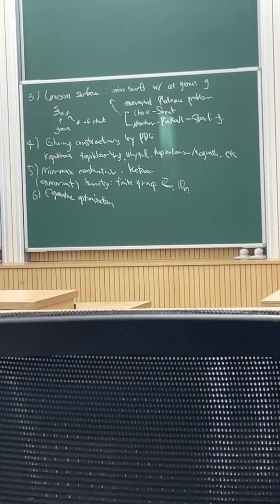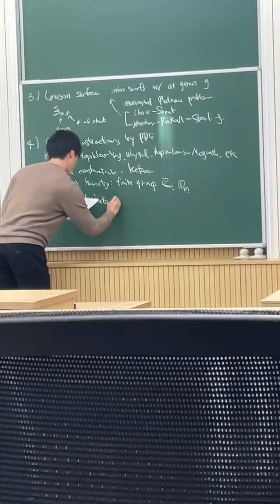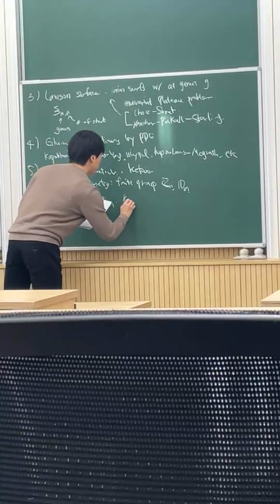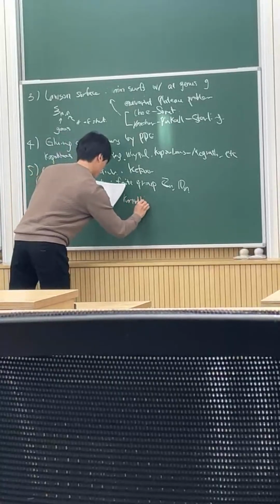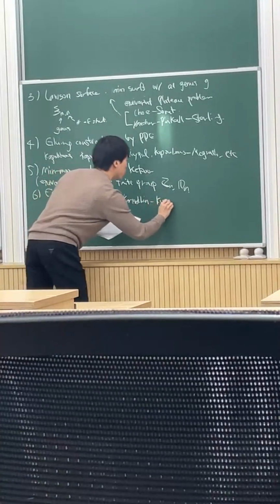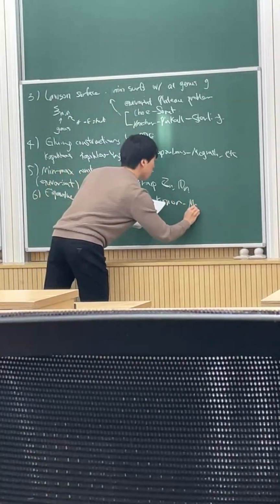And also if one goes to the boundary setting, which is a three-dimensional ball, then they also constructed free boundary minimal surfaces with arbitrary genus and arbitrary number of components.